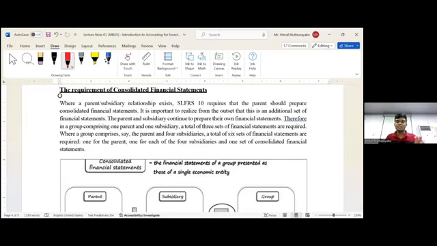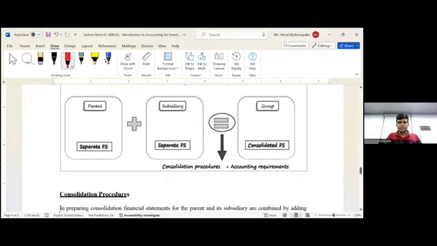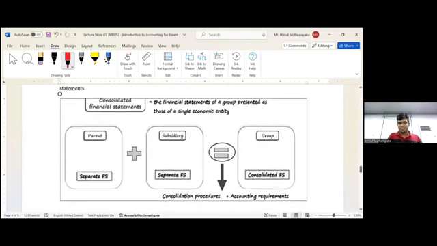We have to prepare the consolidated financial statements when we have controlling power over another company. According to SLFRS 10, you have the company called the parent company or holding company, and the subsidiary company, which is the controlled company.